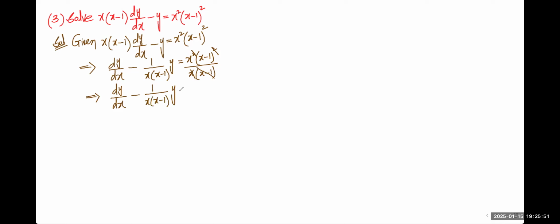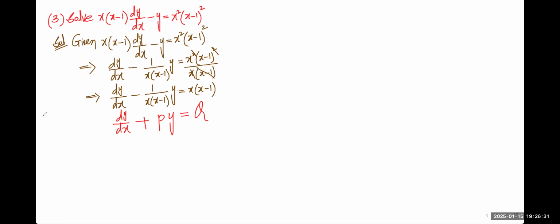x into x minus 1 into y is equal to x into x minus 1. This one again we have to compare with the standard form, dy by dx plus p of y is equal to q.